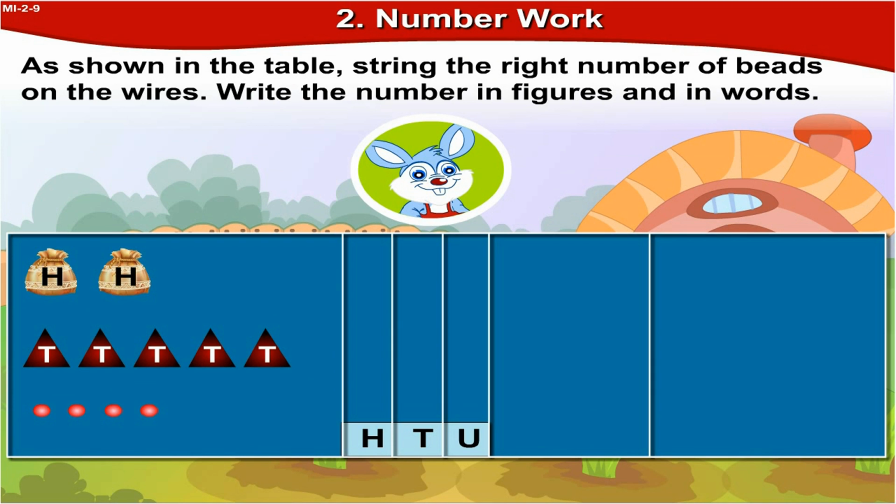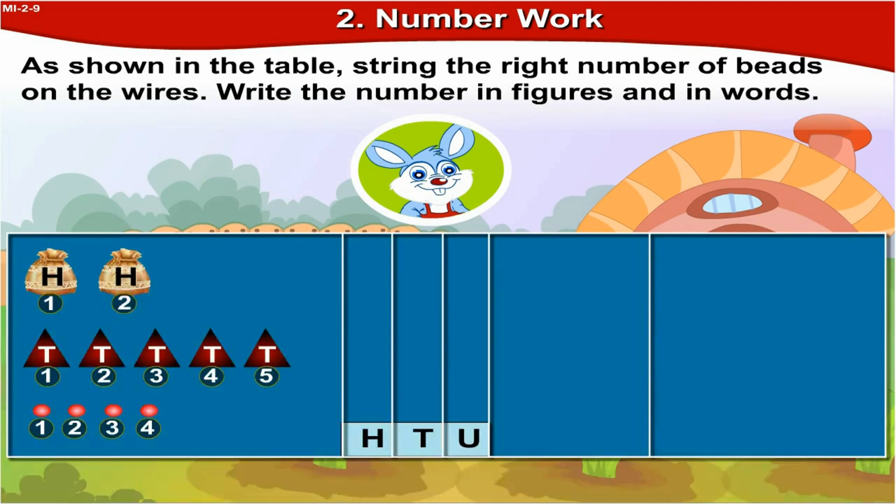To begin, let us count the hundreds. There are 1 and 2 hundreds. Now let us see the tens. 1, 2, 3, 4, 5 tens. And how many stray beads? 1, 2, 3, 4. 4, which means 4 ones.